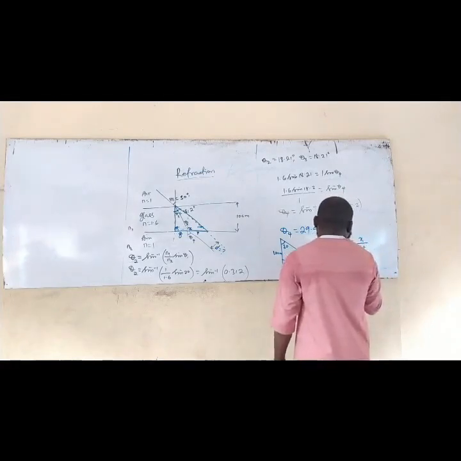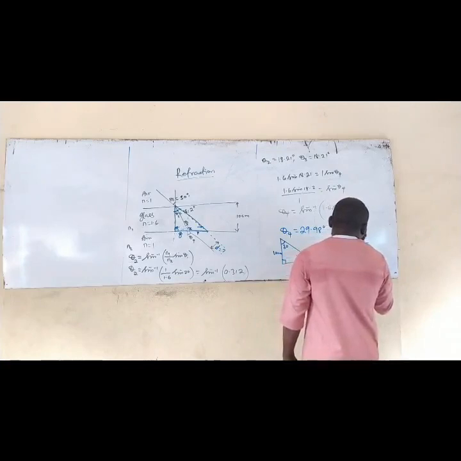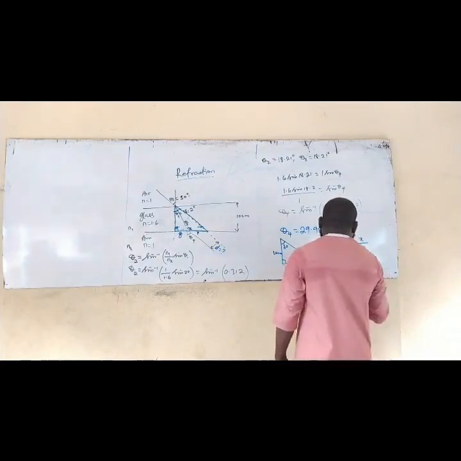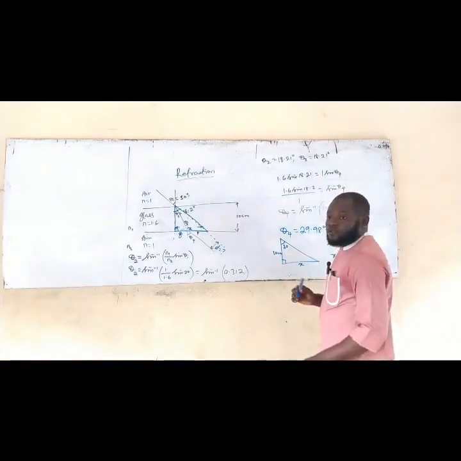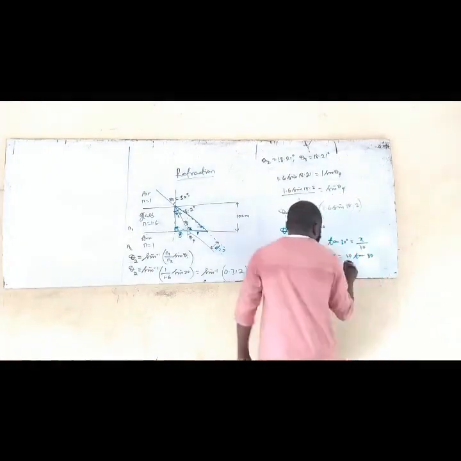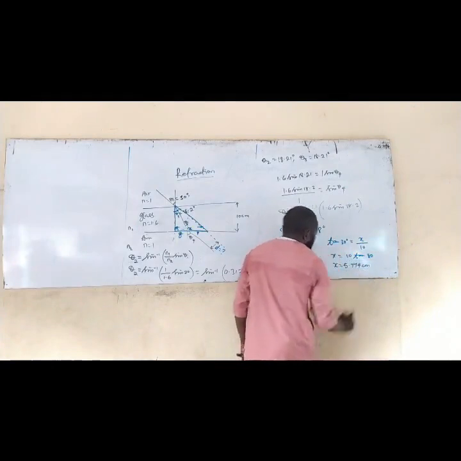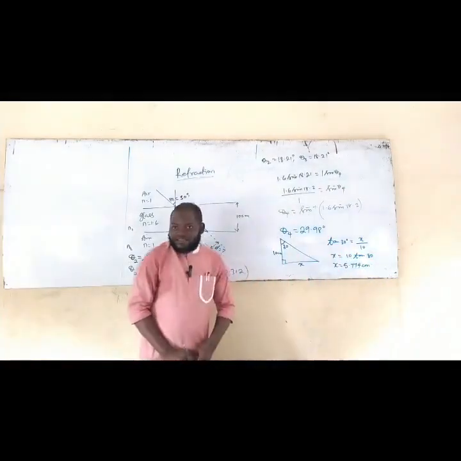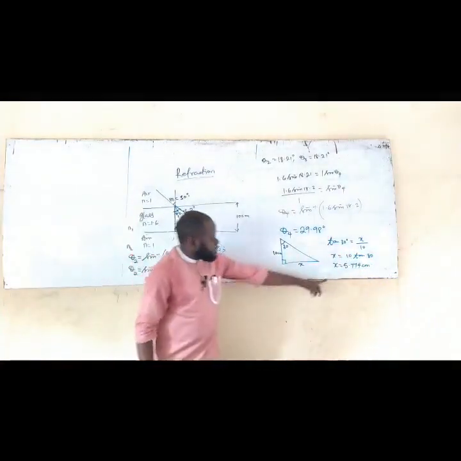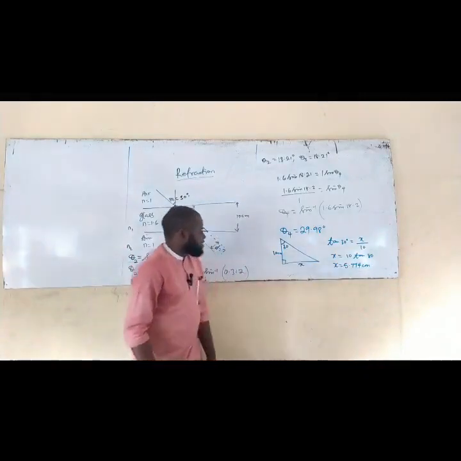So X is equal to 10 times tan 30. That will give us 5.774 centimeters. So the value for X is 5.774 centimeters.